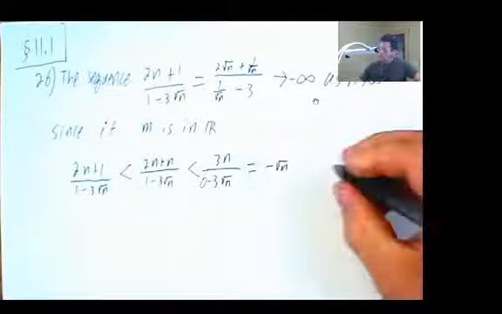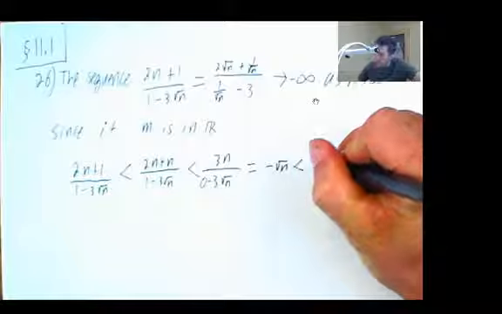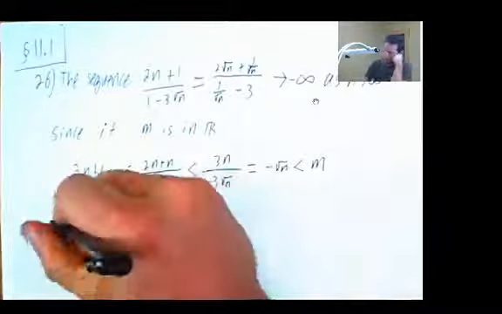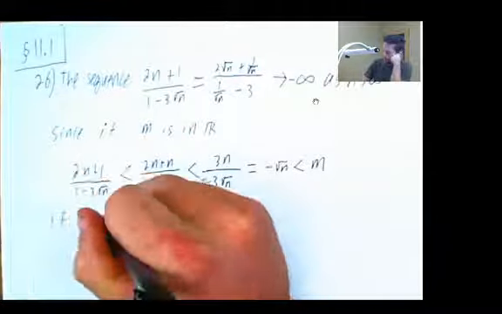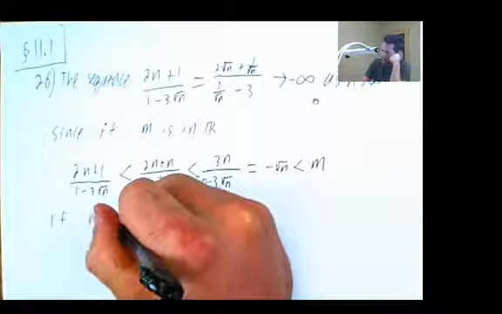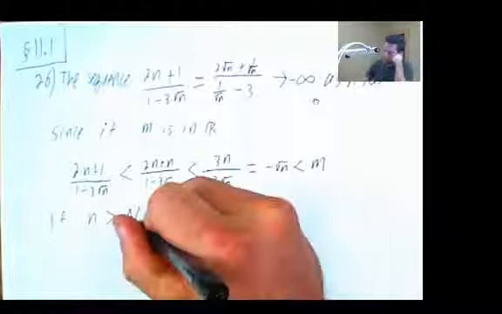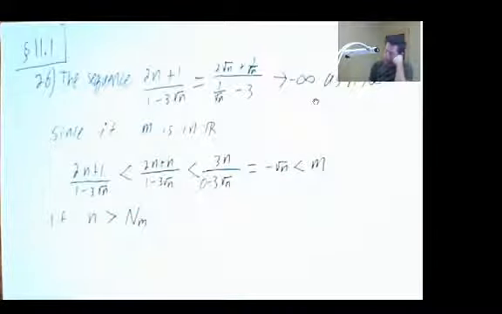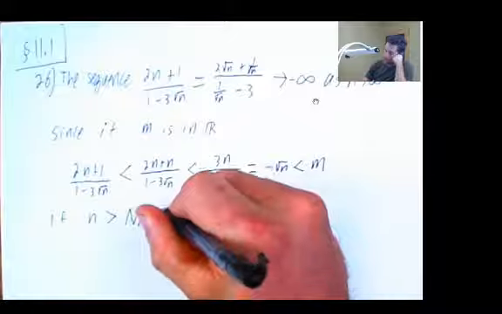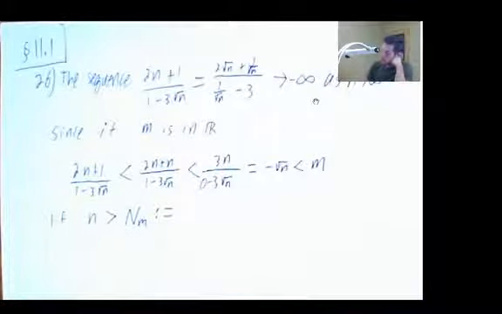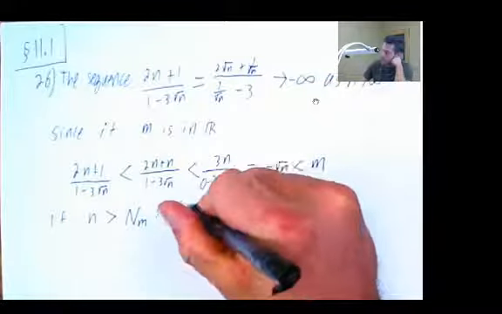So I can say with confidence that that is less than m by putting a simple condition on n. If n is sufficiently big, bigger than something I'll define as capital N, which is going to be a function of m, it looks like I can define that function to be m squared in absolute value.